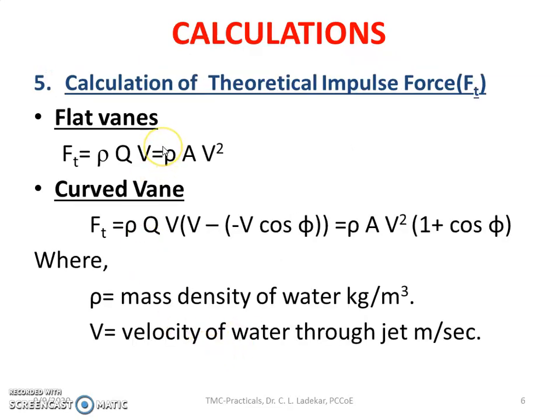Then once you calculate the actual force, you have to calculate the theoretical impulse force, which you already know from the analysis part. For the case of a flat plane or flat vane, the theoretical force is equal to rho a v square, and for the curved plate the force will be calculated as rho a v square into 1 plus cos phi, where phi is the angle of the plate.